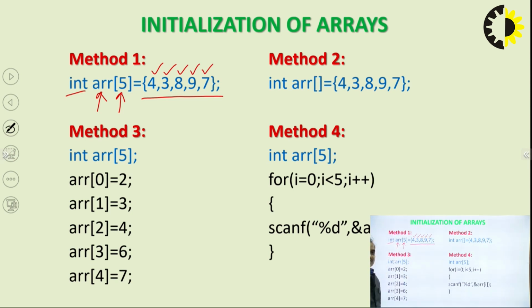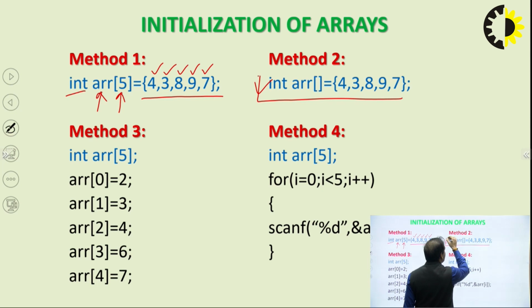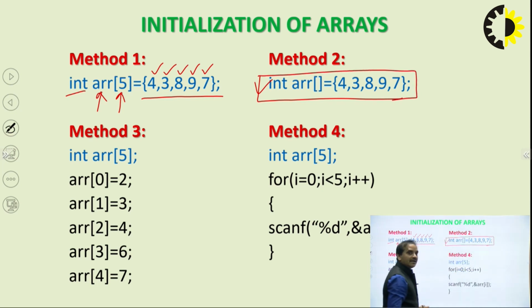This declaration can also be done by another method, but which one is better at the time of declaring an array? This method is better for all types of arrays. This is also a method which is used to declare an array. We take int arr[0] equal to 2, arr[1] equal to 3. By using this method, we also insert values in the given array.